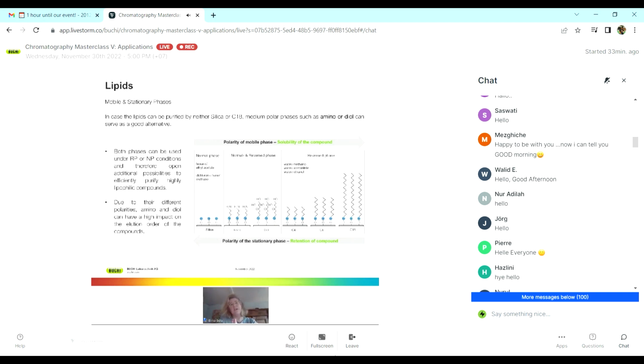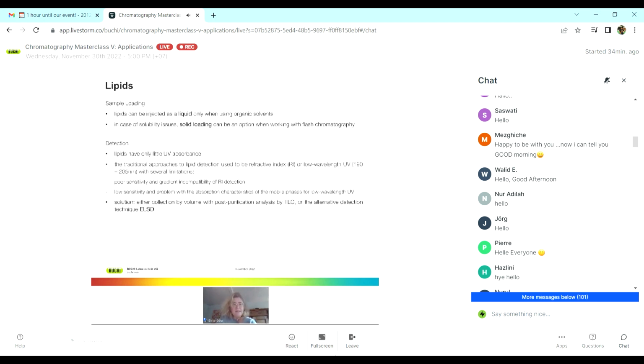And then for this family, these phases which are in between are very interesting, between silica and C18, and that's amino and diol. You see this here in the graph. Amino and diol have a polarity which is just between silica and C18. And the nice thing with amino and diol is you can work under normal phase and reverse phase condition. We come to some examples later on.